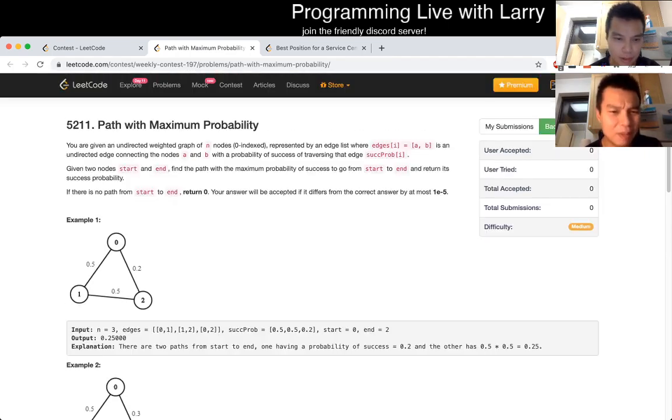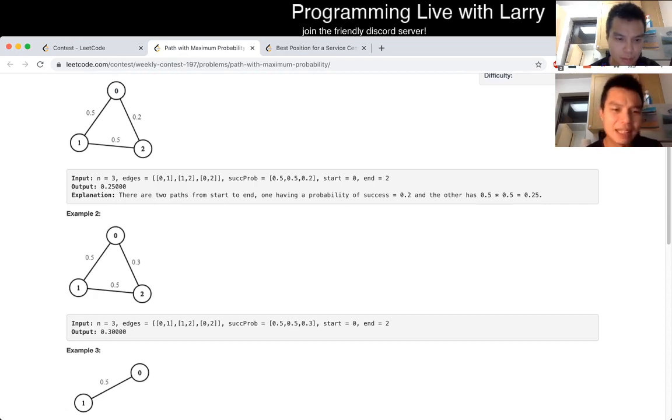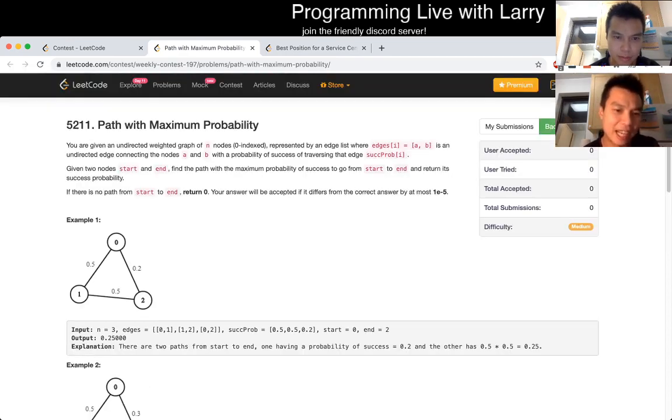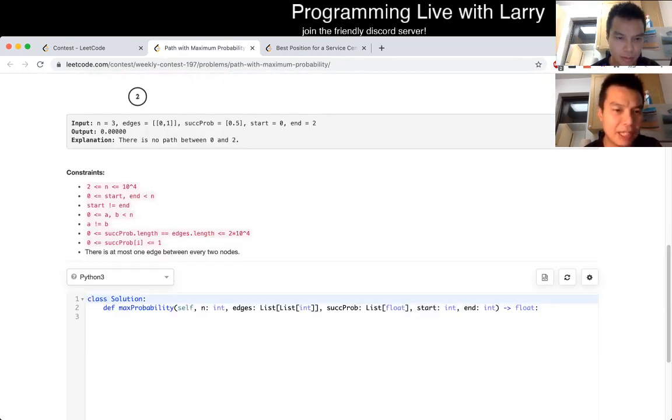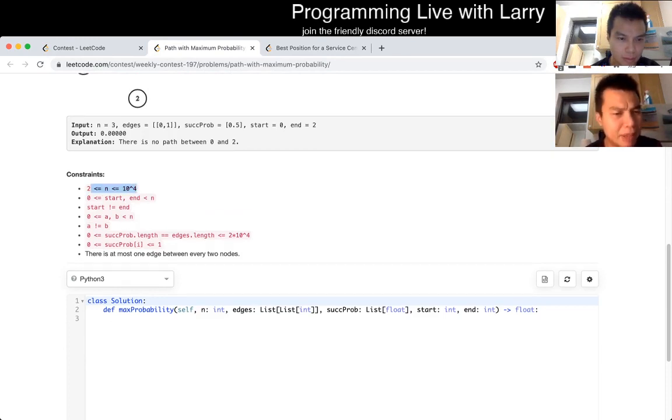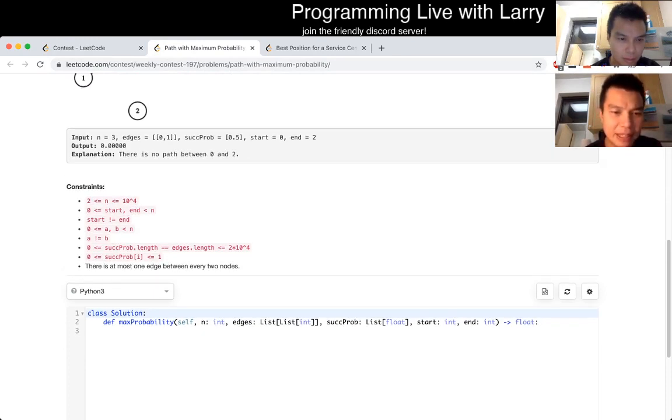Also, the input was a little bit weird in that I don't know why they separated out the edges and the success probability and didn't put them together. Maybe they try to not make it a hint or something, but I also had some concerns about possible mistakes.